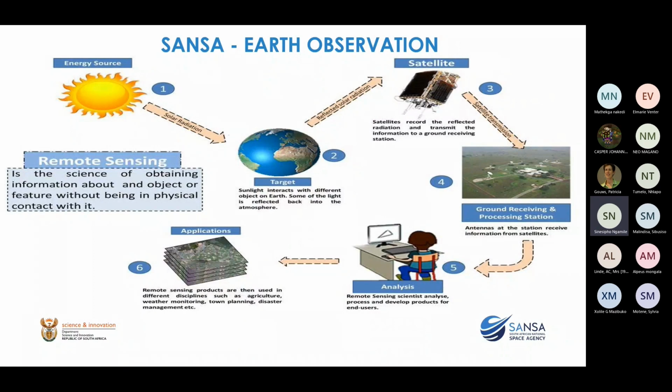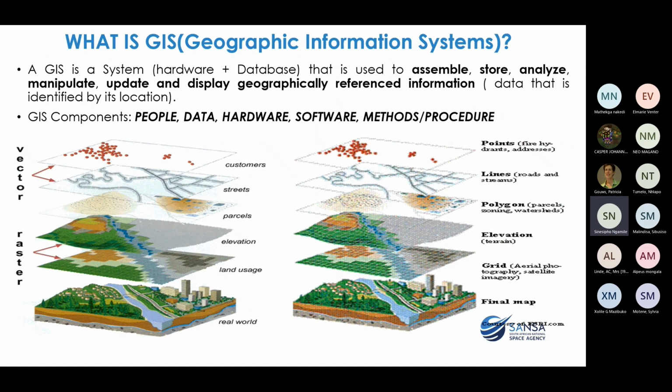They analyze, process, and develop products for end users. End users will be people that may be involved in fields such as agriculture, weather monitoring, town planning, disaster management, etc. So remote sensing and Earth observation involves GIS or geographic information systems.